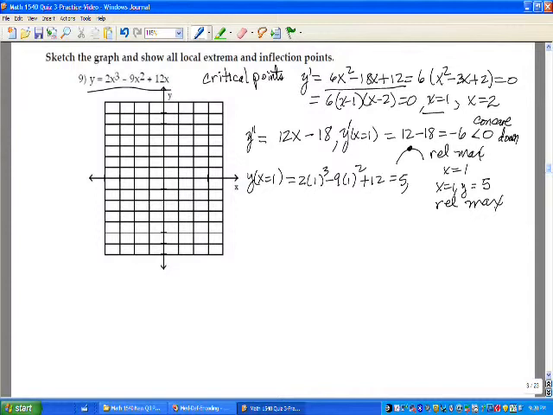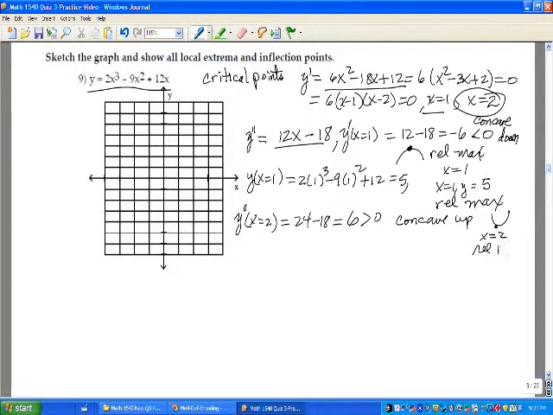Now let's check the other critical point, which was x equal 2. The second derivative at x equal 2 is 24 minus 18 equals 6. That's more than 0. That means it's concave up. So x equal 2 is a relative min.